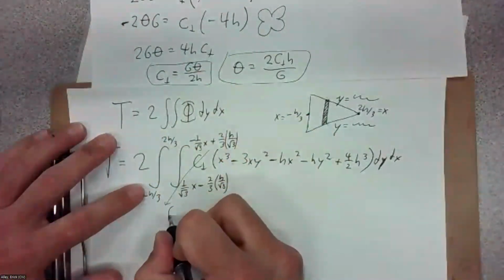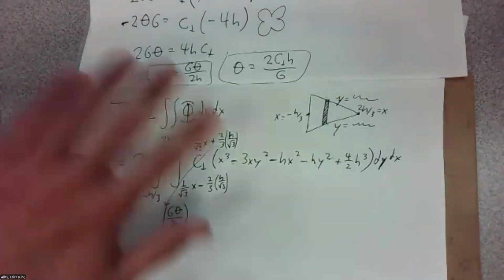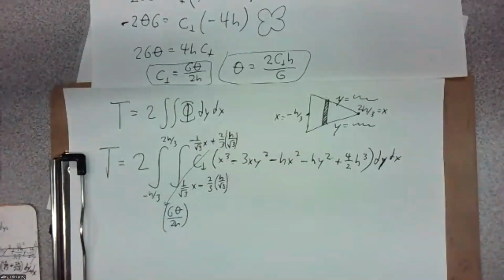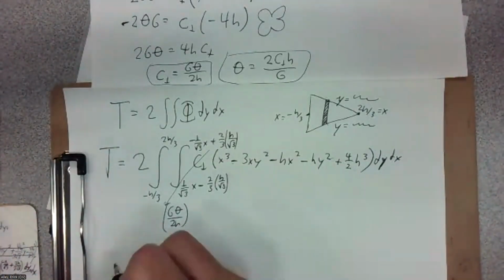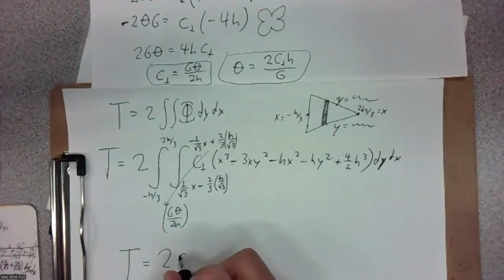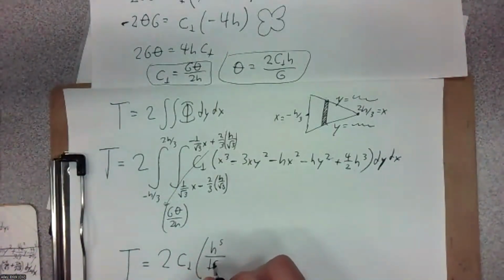Right here, G theta over 2. So we're going to wave our magic Riemann wand. We get the Riemann sum and the integral and all that good stuff. And let's just bring it down to this. Torque is going to be 2, the 2 out in front, C1, and then we've got h to the 5th over 15 root 3.